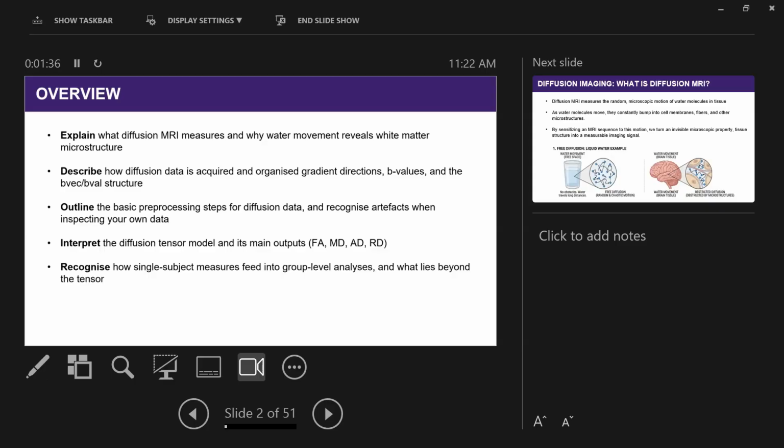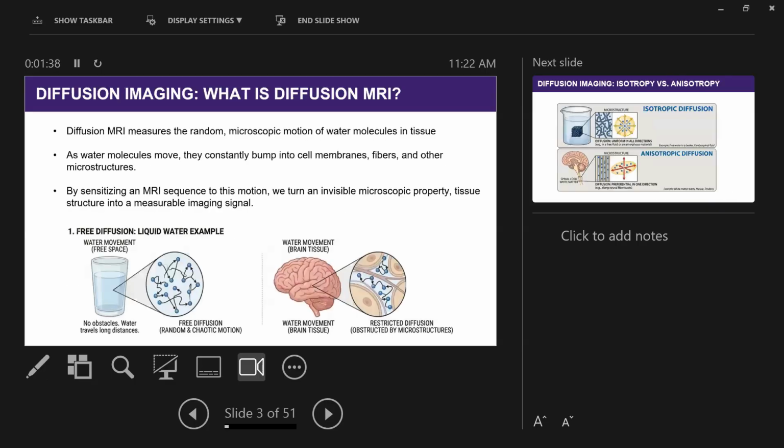What you can do with all of these kinds of images. So first of all, as everybody knows, diffusion imaging measures the random movement of water molecules, the Brownian movement. For example, if you have water molecules within an environment that has no restriction to movement, it is free diffusion.